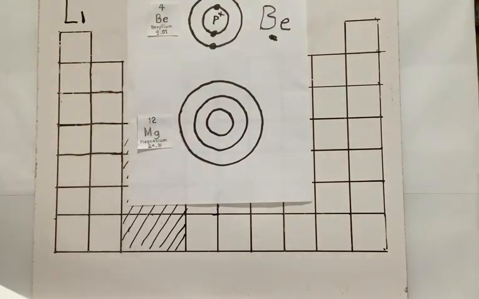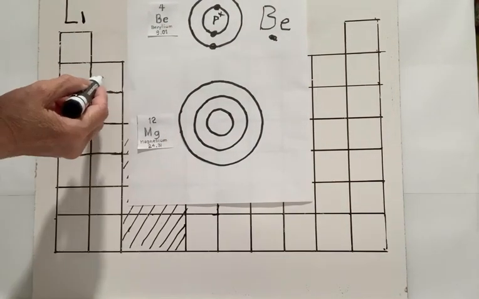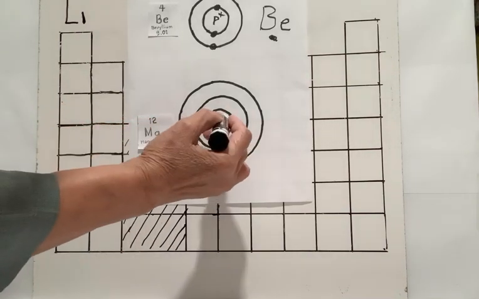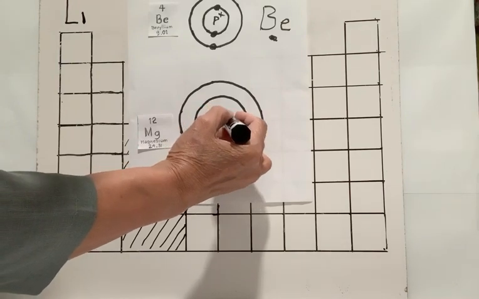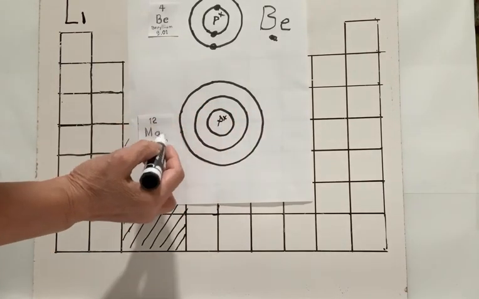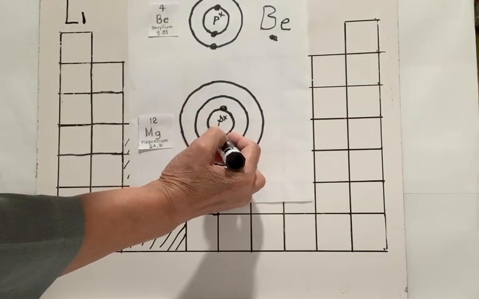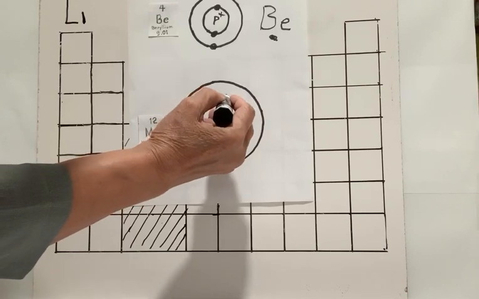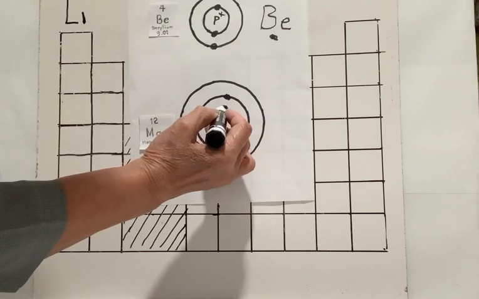Similarly for magnesium, magnesium has 12 atomic number, located under beryllium. The number of protons again, the 12 protons, and the 12 electrons, because it is a neutral atom. Therefore, the first 2 electrons are on the first energy level. Of course, the rest are on the second energy level, the other 8, right?